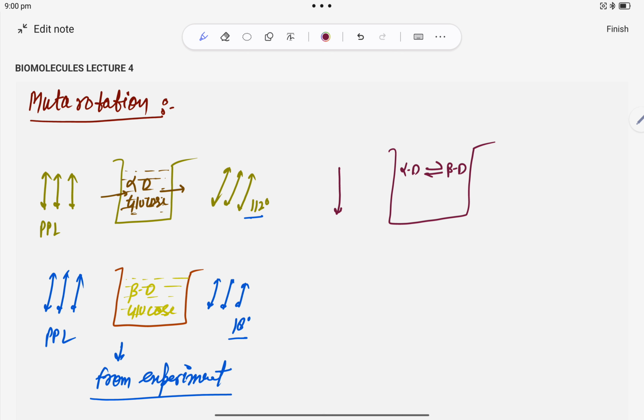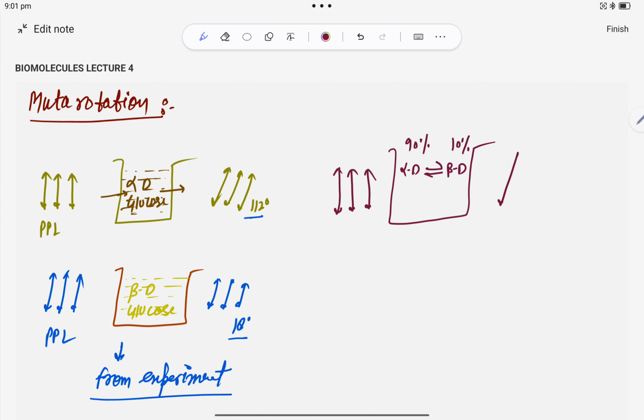And from here we pass plane polarized light. Suppose we have 90% alpha-D and 10% beta-D.